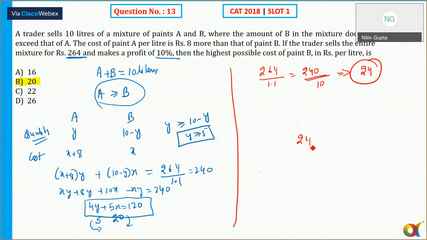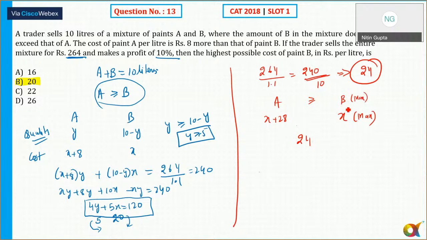Okay, average. And now there is A and B. The quantity of A is more than B. If the cost price of B is equal to x, then A is equal to x plus 28, and I need to find out the maximum possible value of x. For the maximum possible value of x, b should also be maximum.